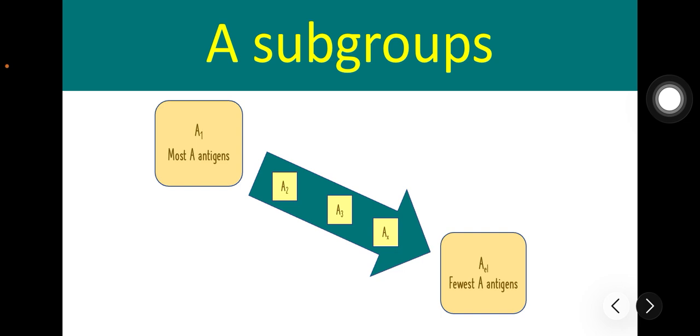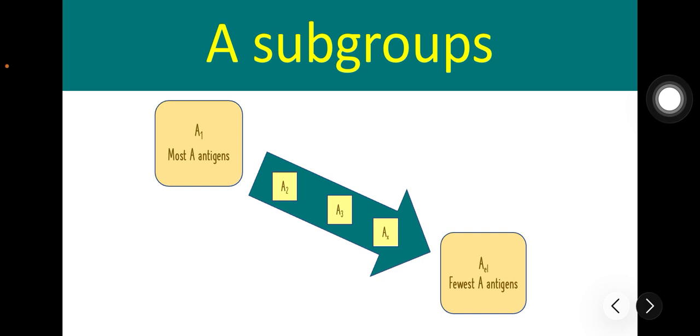A3 is a rare subgroup, less than 1%, known for a mixed field reaction, where small clumps of cells are seen among many unagglutinated cells in laboratory testing. Then we also have A subscript X. These cells typically do not react with standard anti-A reagents and often require a specialized anti-AB reagent for detection.